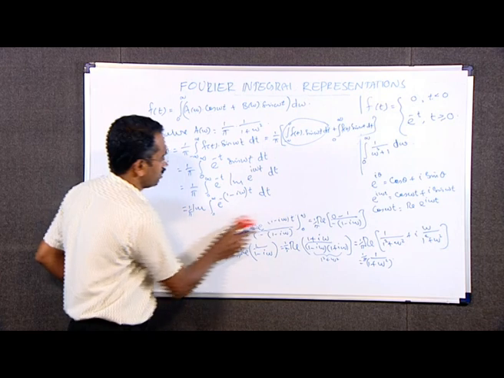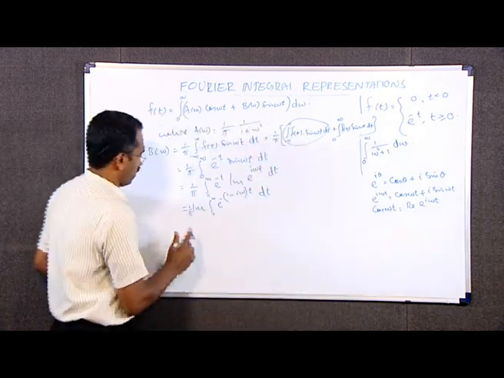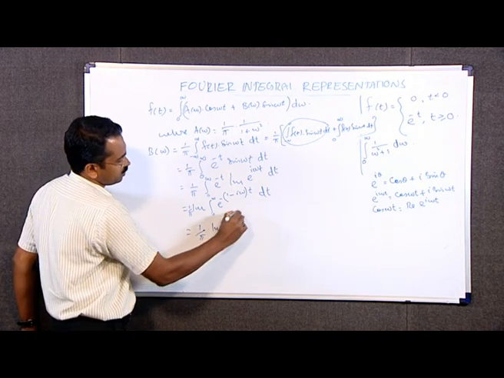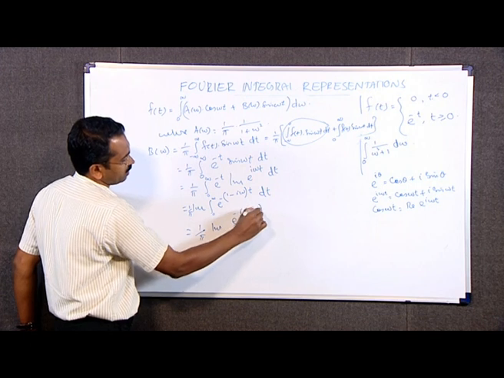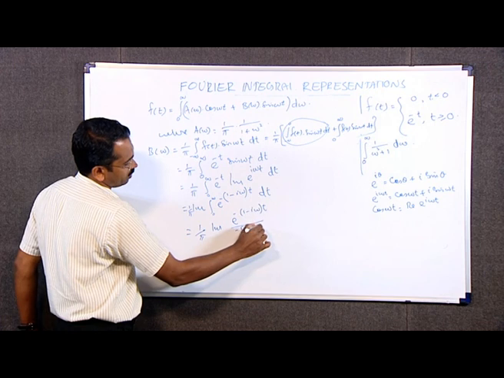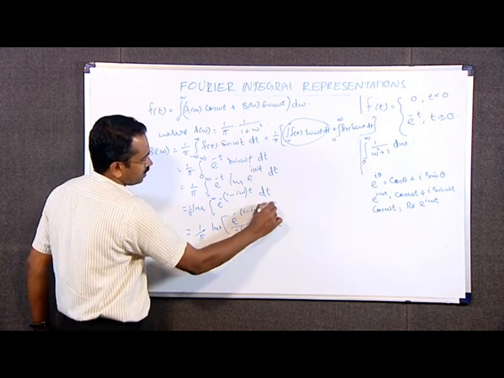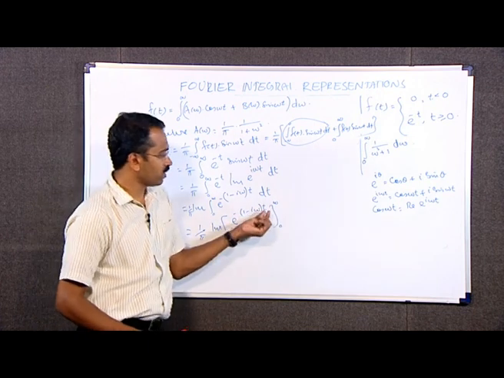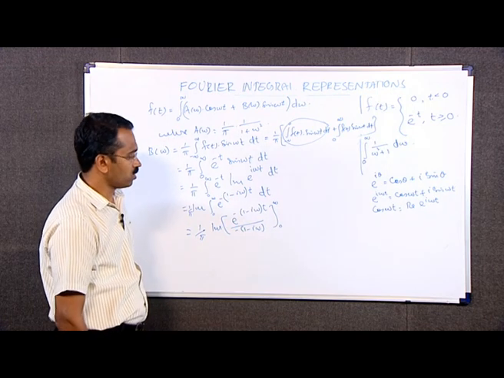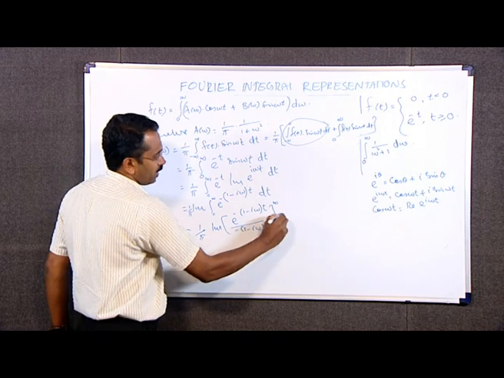On integration, we will get this equal to 1 by pi into imaginary part of e raised to negative of 1 minus i omega into t divided by negative of 1 minus i omega between the limits 0 and infinity. When we apply the upper limit, this numerator will tend to 0 because e raised to minus infinity tends to 0.